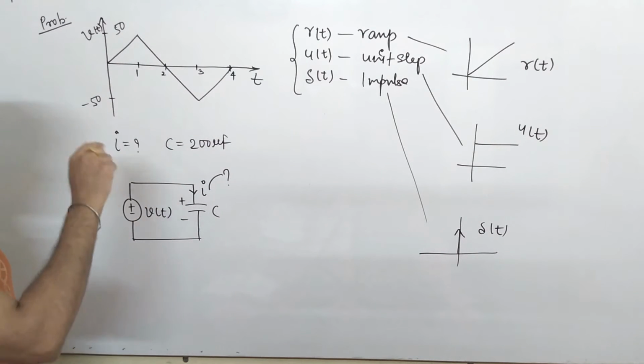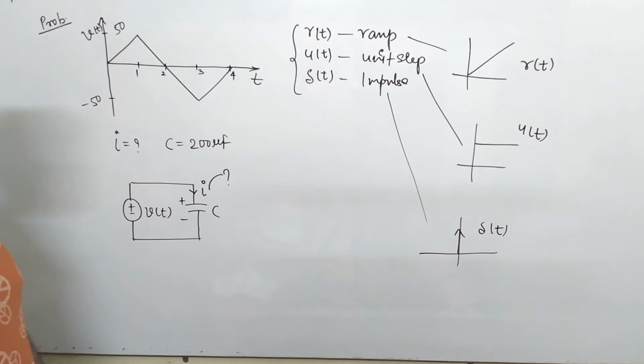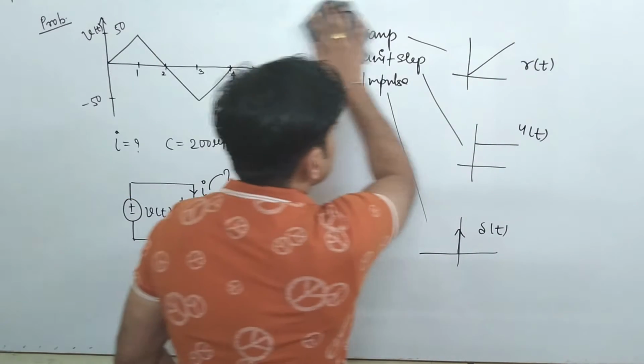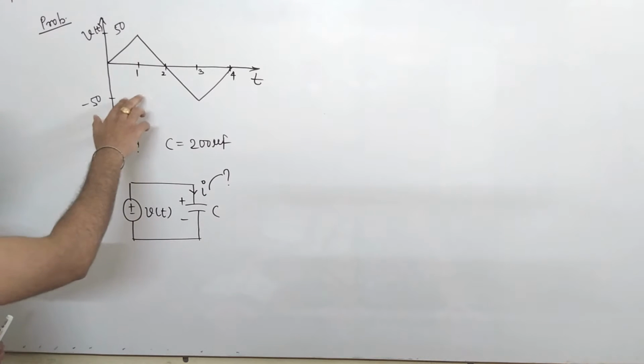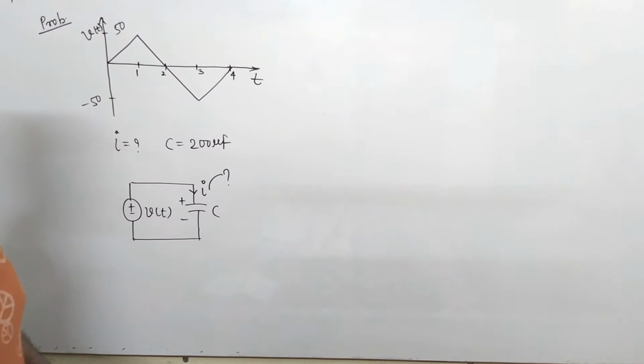In this problem we will see both situations and how we solve it. First we will see the difficult method, and then we will understand it just by writing the signal.